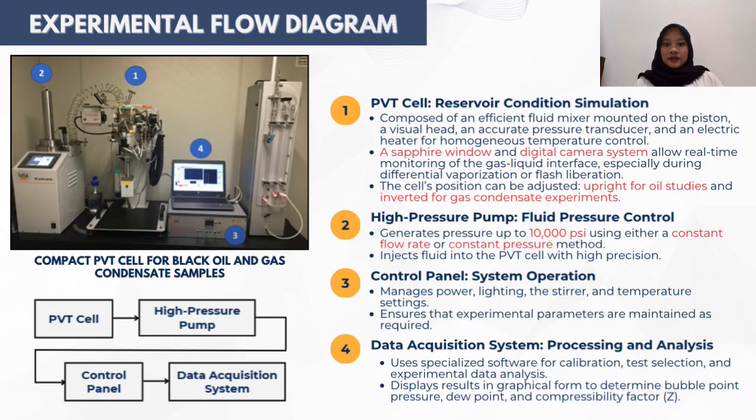It displays results in graphical form to determine bubble point pressure, dew point, and compressibility factor, which we can symbolize as Z. So the conclusion of this experimental flow diagram: the PVT experiment enables high precision characterization of reservoir fluids. The system works synergistically to control, monitor, and analyze fluid behavior under different pressure and temperature conditions, providing crucial data for optimizing oil and gas production.